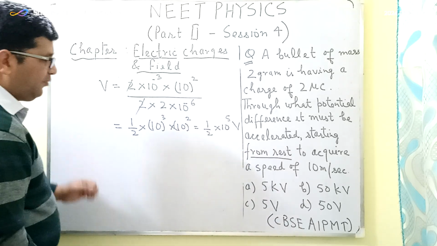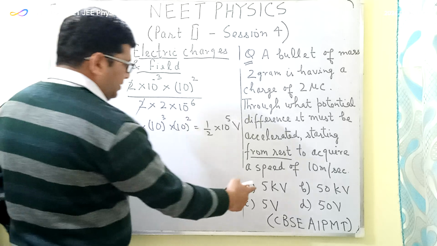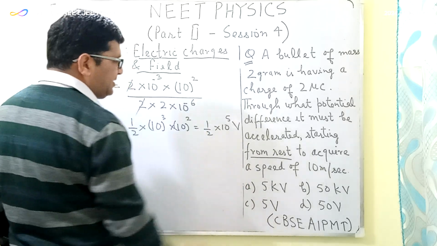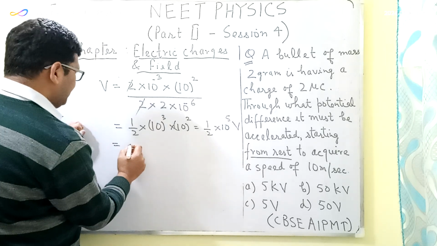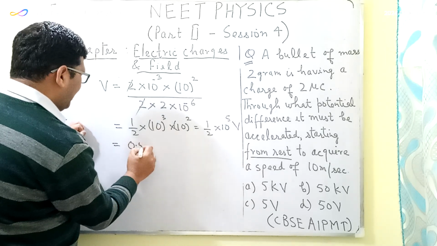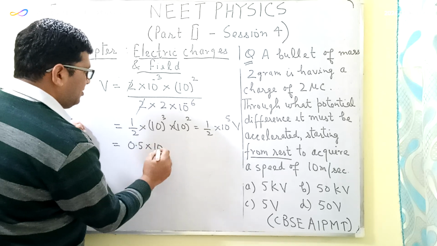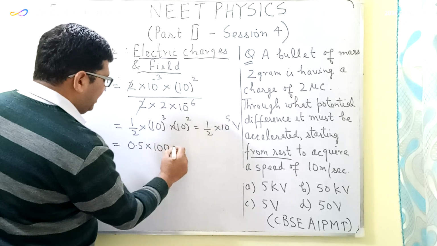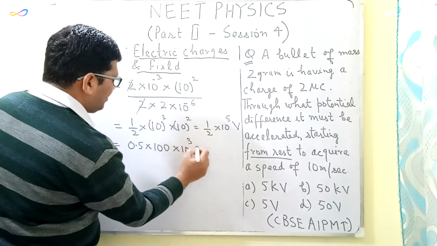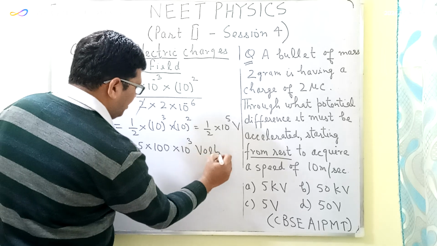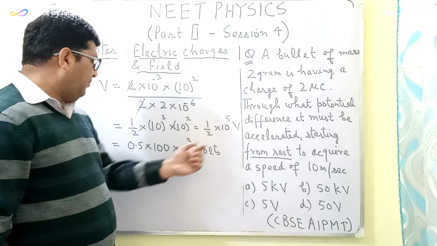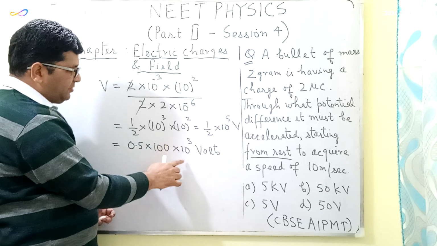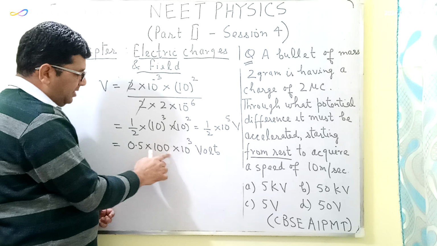Now here we have been given 4 options. So this is a high potential difference, and we will now convert this into kilovolts. This is equal to 1 by 2, which is 0.5, into 100 and into 10 to the power 3 volts. I have split this 10 to the power 5 into 2 parts, that is 10 to the power 5 is equal to 10 to the power 3 into 100.